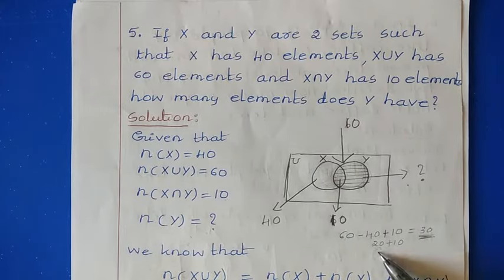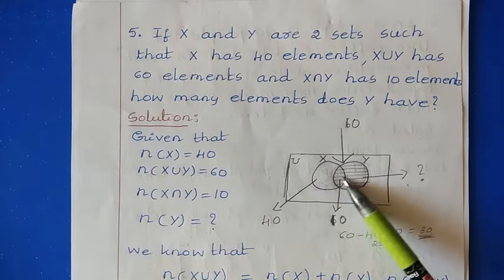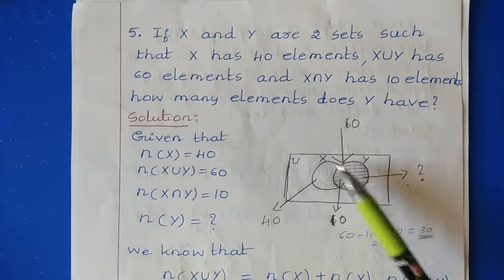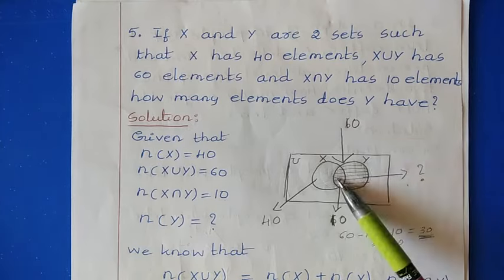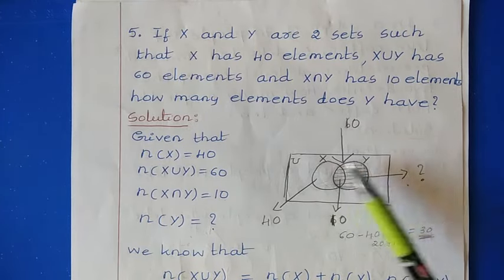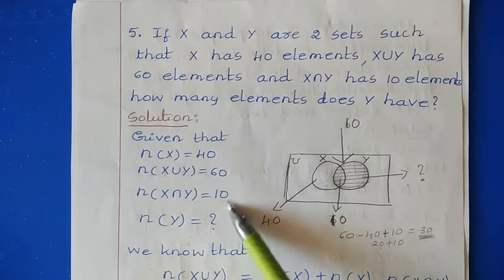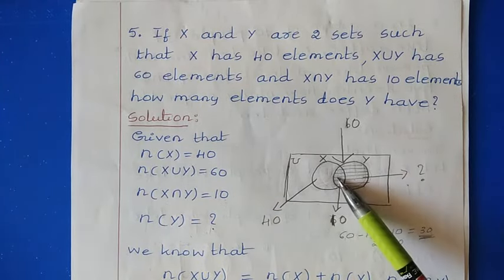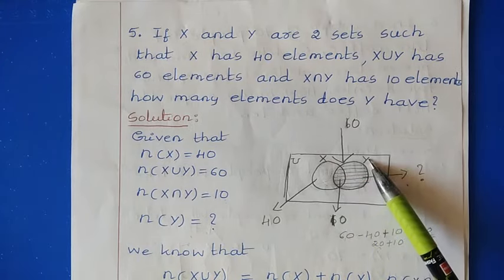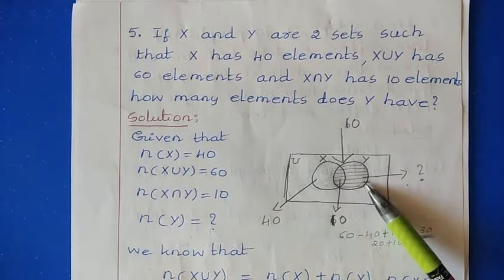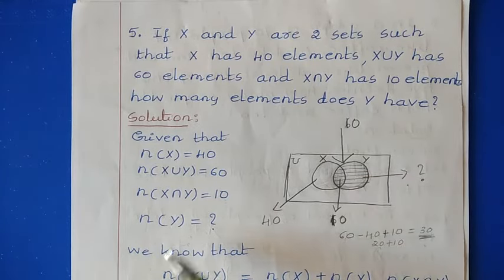But this is not our final answer because we have to consider this area also. This area belongs to X set as well as Y set, which is the common area between X and Y. That is equal to X intersection Y, which is 10. So you have to add this area also to n of Y. So 20 plus 10 is equal to 30. So by seeing the Venn diagram, you can find this value easily.